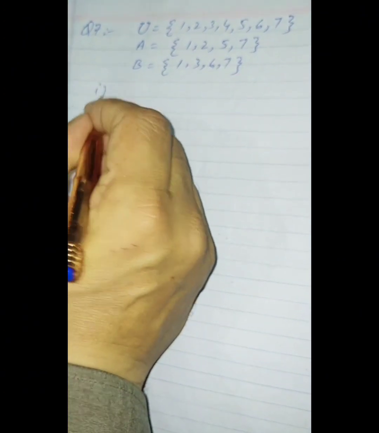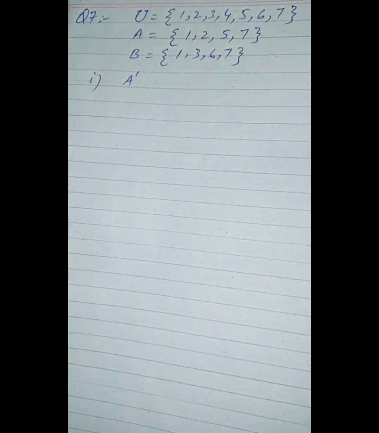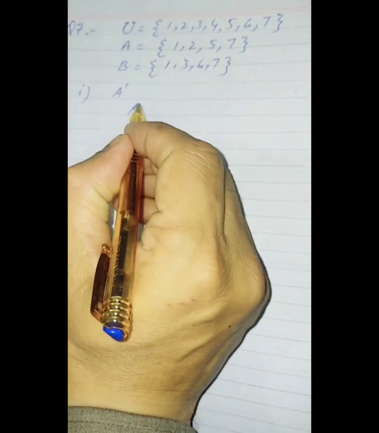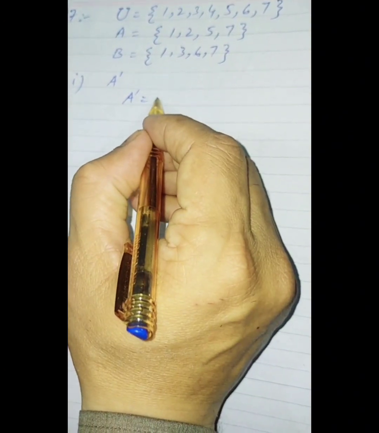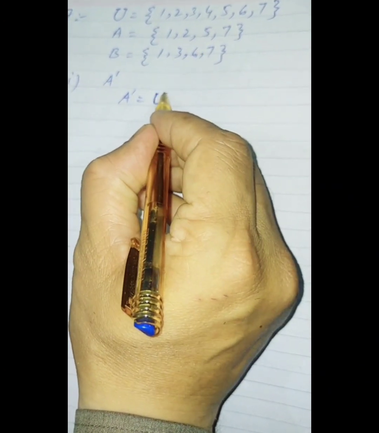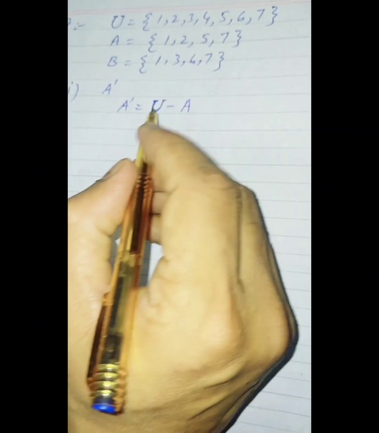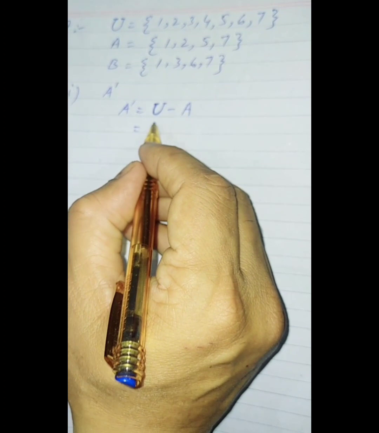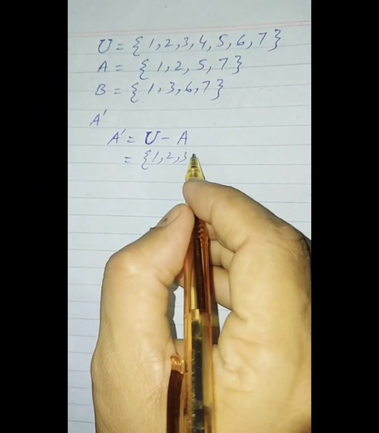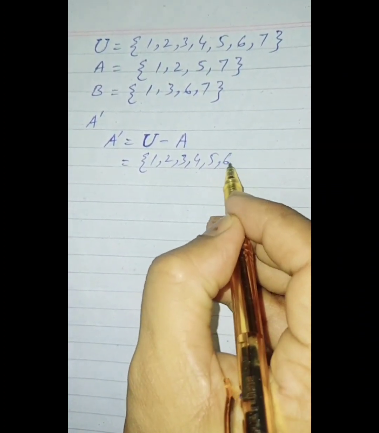Let me discuss the first part of question number 7, that is they ask to find A complement, and we know that A complement equals universal set minus A. So the first set is the universal set whose members are 1, 2, 3, 4, 5, 6 and 7.